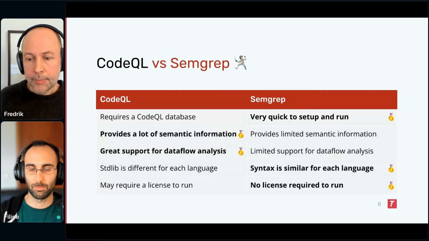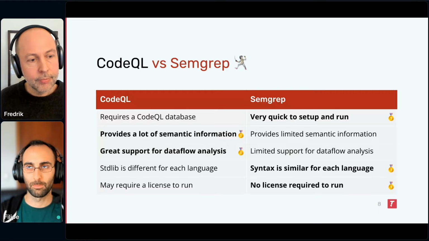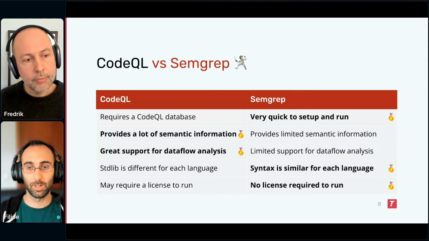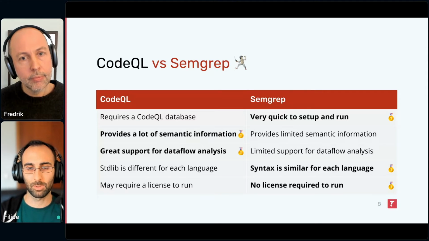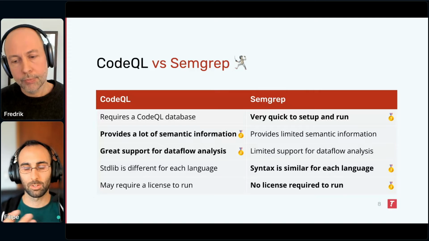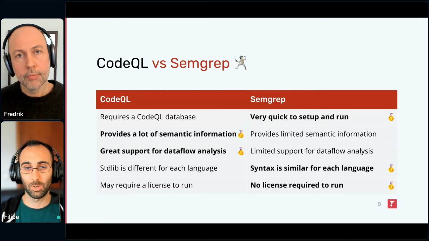Another different aspect between CodeQL and Semgrep is regarding the available and public query sets. And in this regard, CodeQL has a much larger and more diverse set of rules, and also supports a lot of frameworks in the standard library queries.